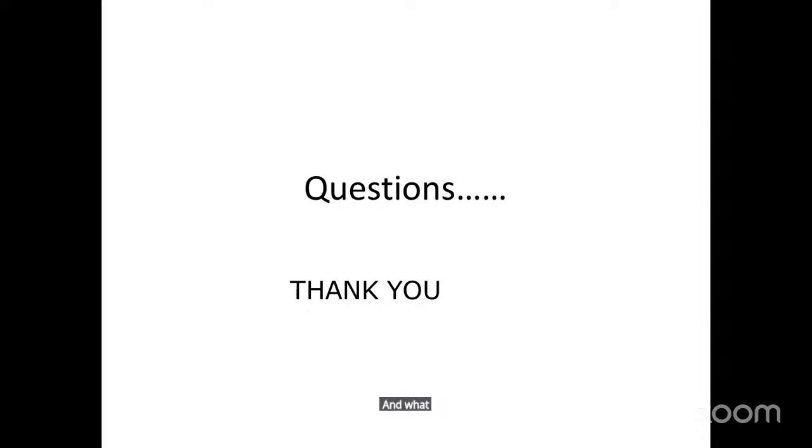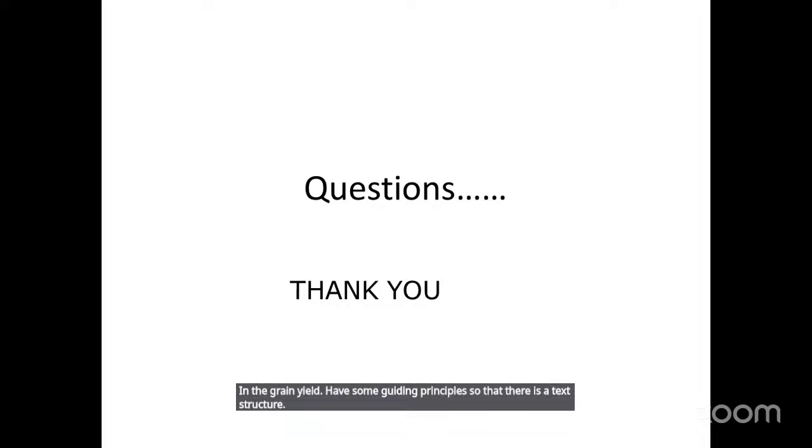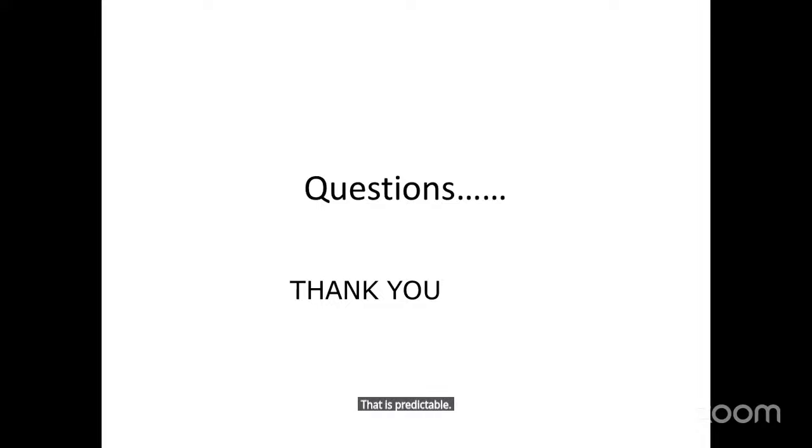If you have instructions for plant height, try to see whether you can use them for grain yield. Have some guiding principles so that there is a text structure that is predictable and enviable, that people would like to copy.